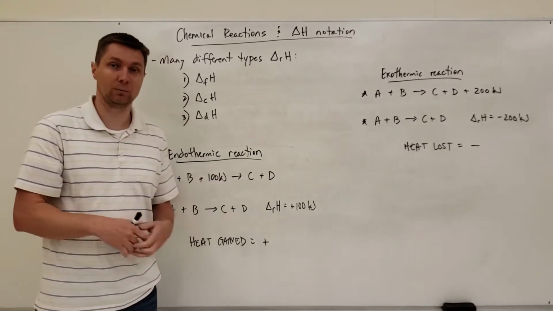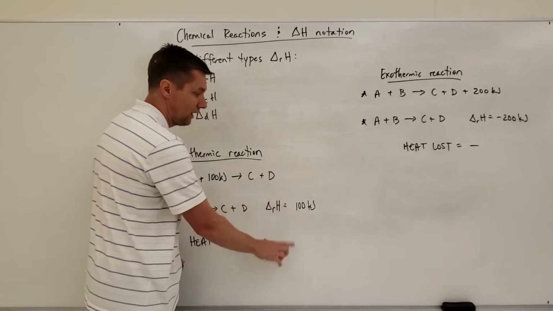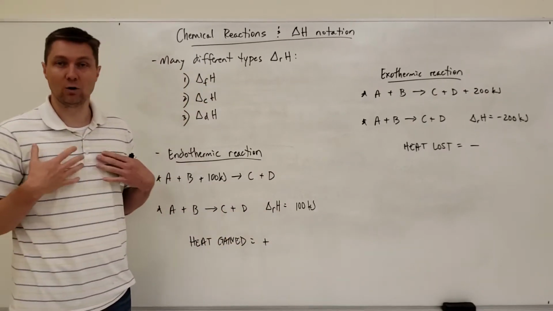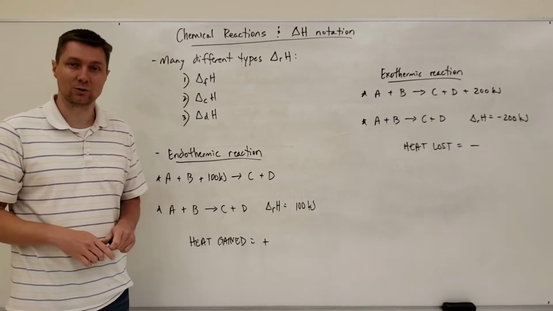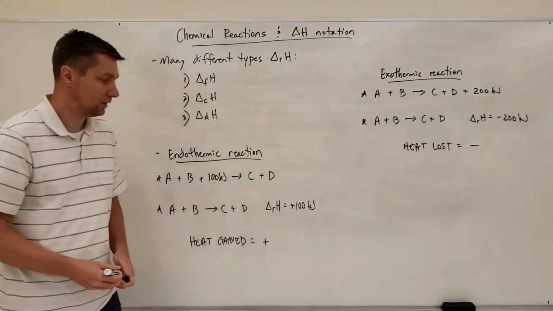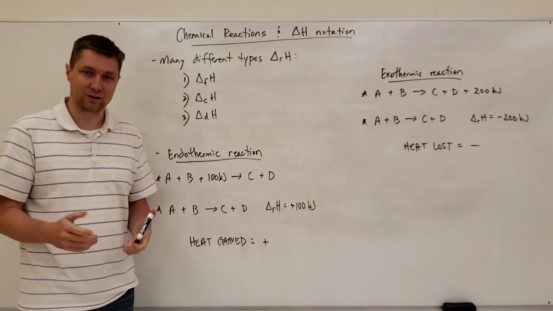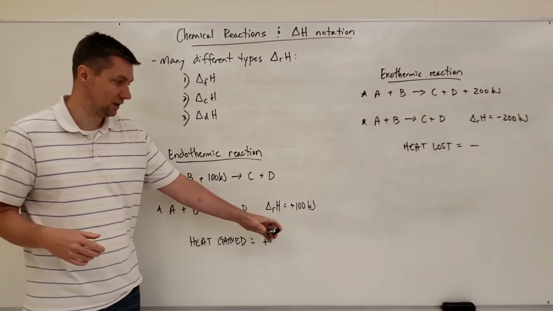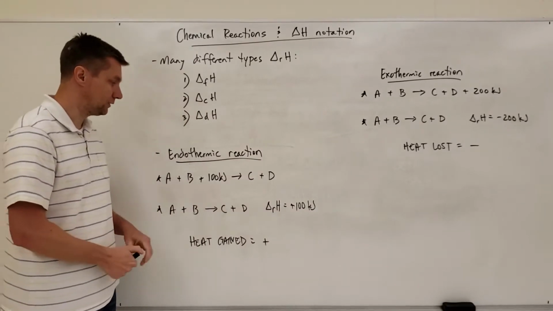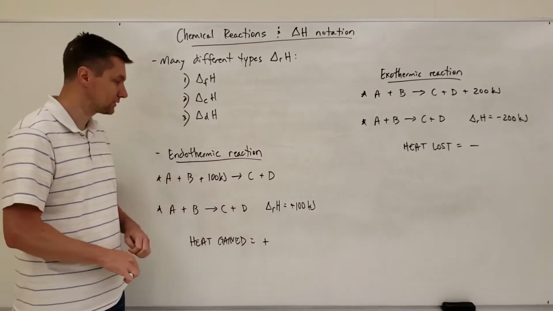Is it endothermic or exothermic? If I just write 100 and don't specify whether it's positive or negative, now I don't know whether this is an endo or an exothermic reaction. And so for endothermic reactions, the energy terms are positive, because this much heat is being gained by the reactants to then form the products.